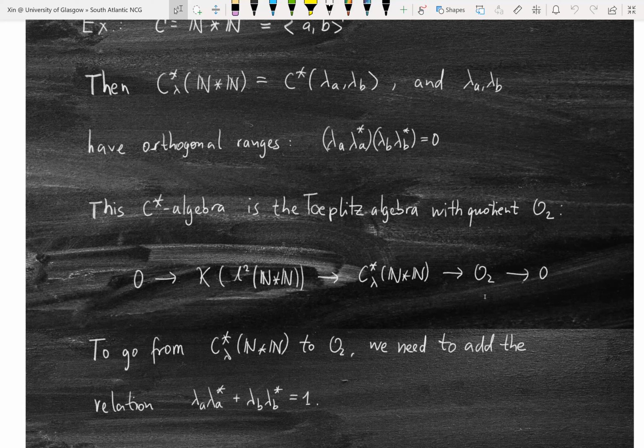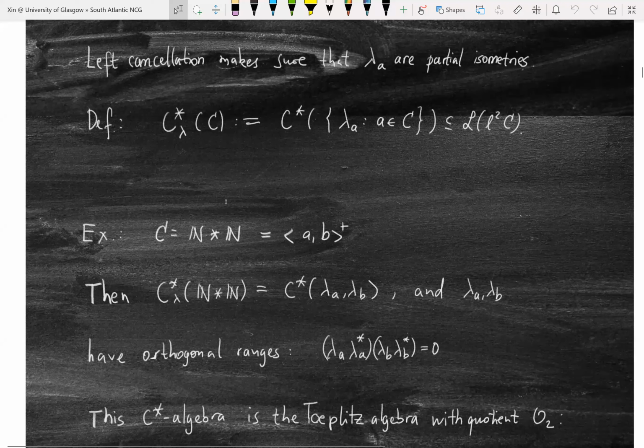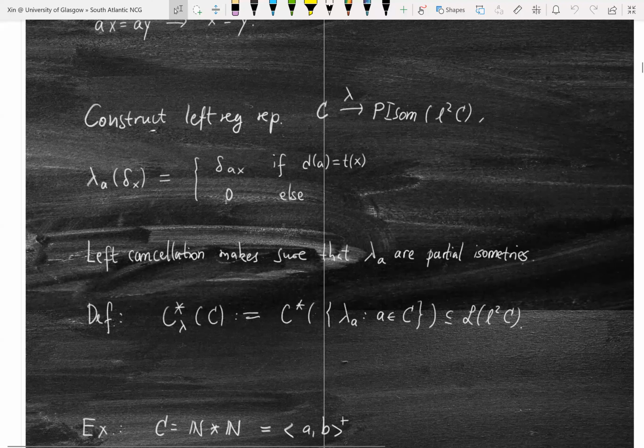I mean, you can look at these lambda A's, and you can take linear combinations of these with complex coefficients, and then I think you get the object you described. But if you complete it, you won't get the C-star algebra because the adjoints you won't see.